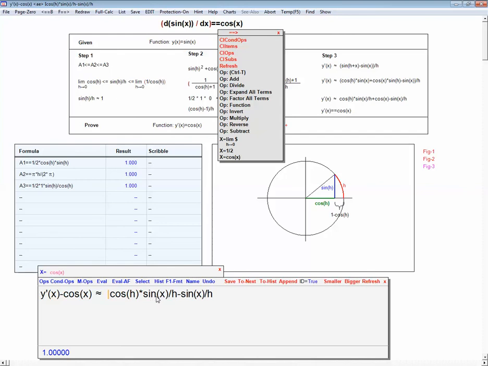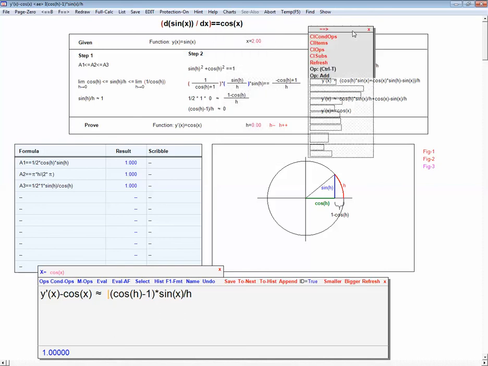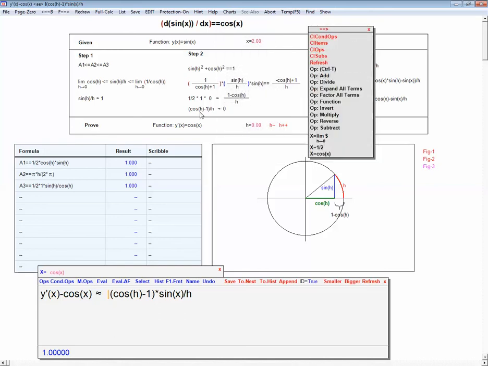Okay, now look at this side over here. It has a sine x and a sine x in the two terms, so I can factor all terms. And I get this. But remember what our second step was. That is, the cosine of h minus 1 over h goes to 0 as we take the limit.